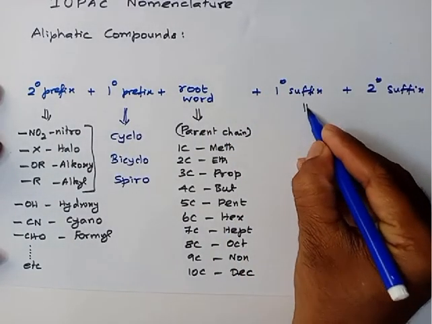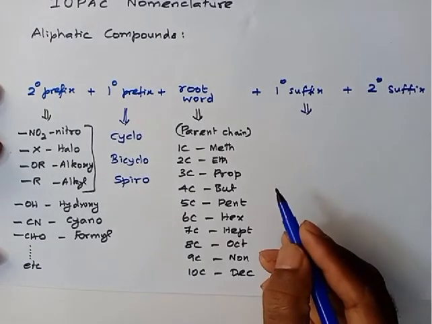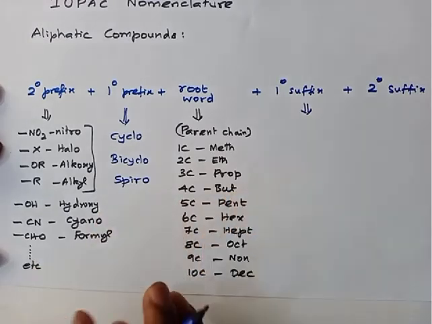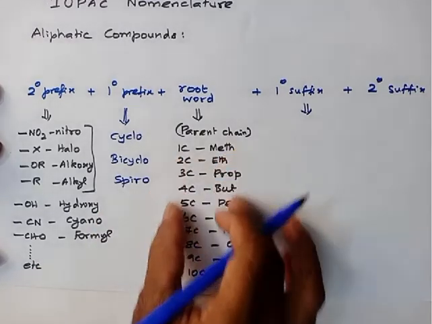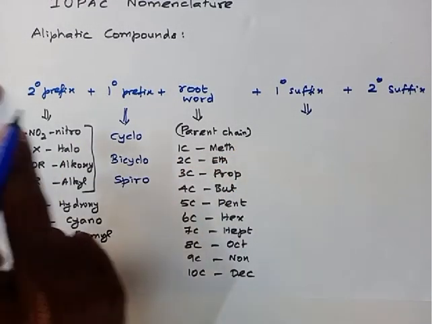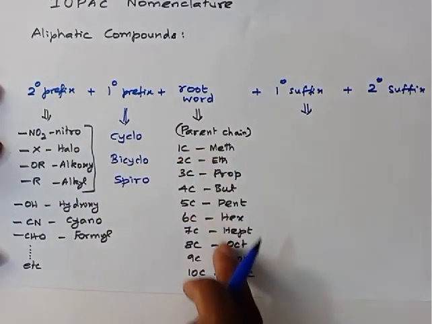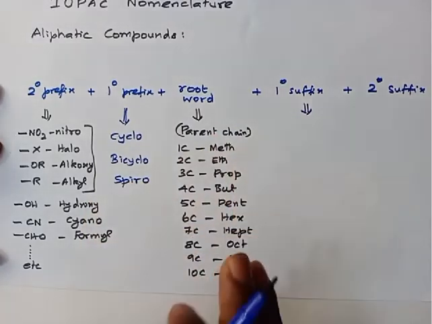Primary suffix tells you whether the parent chain is a saturated chain or an unsaturated chain. If the parent chain is saturated, it means all the bonds between the carbon atoms in the parent chain should be single bonds.